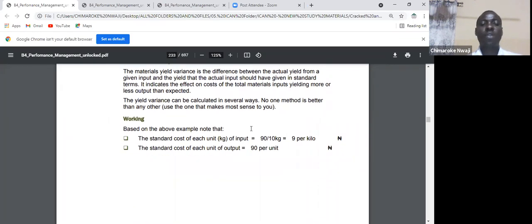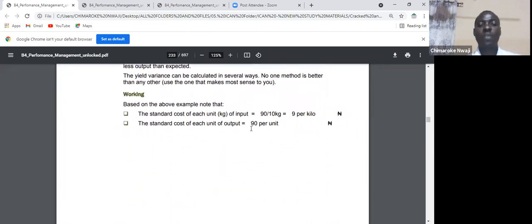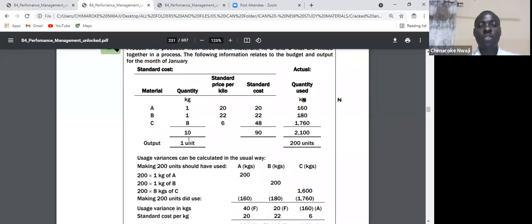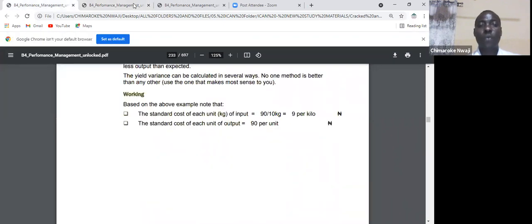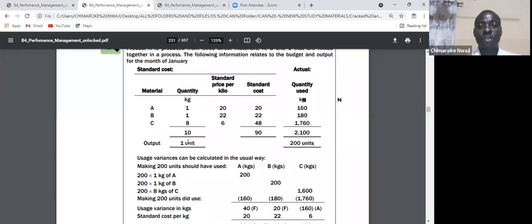All right, so let's look at one example based on the example that we just used. Look at the standard costs for each unit. For 1 unit, we spent 90 naira.